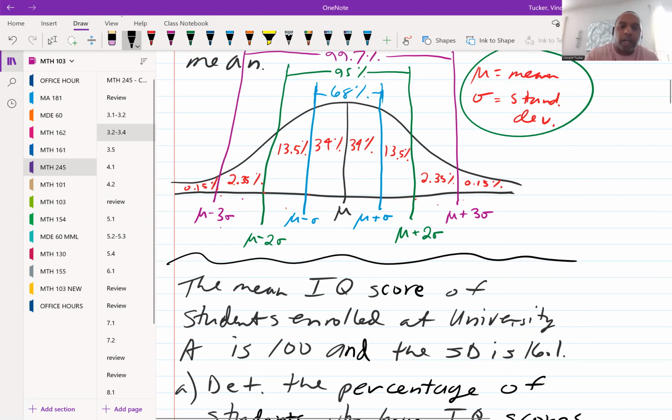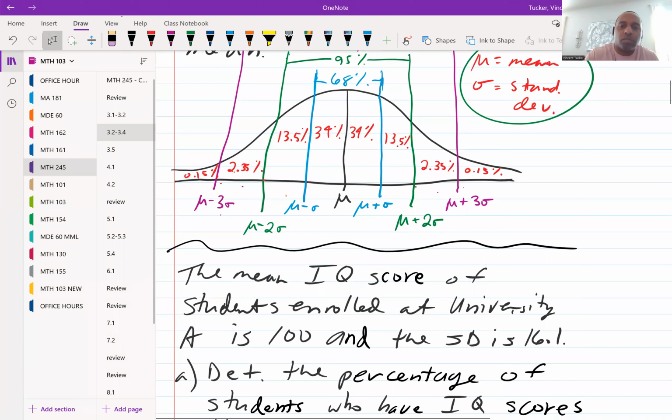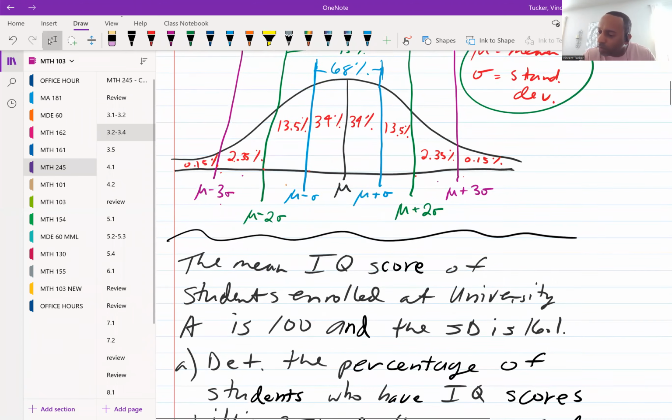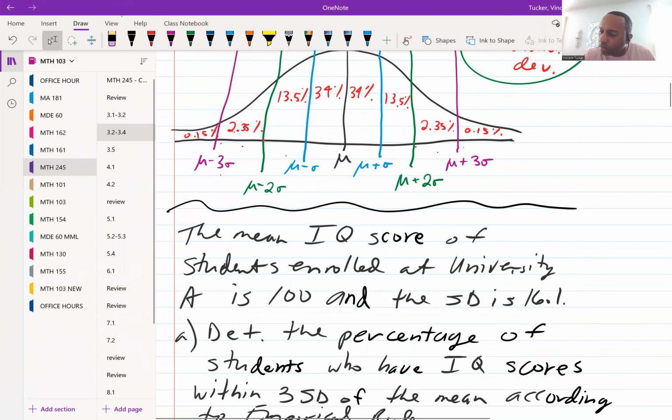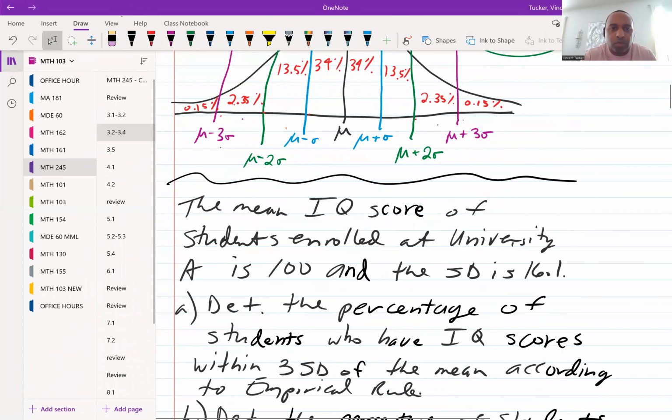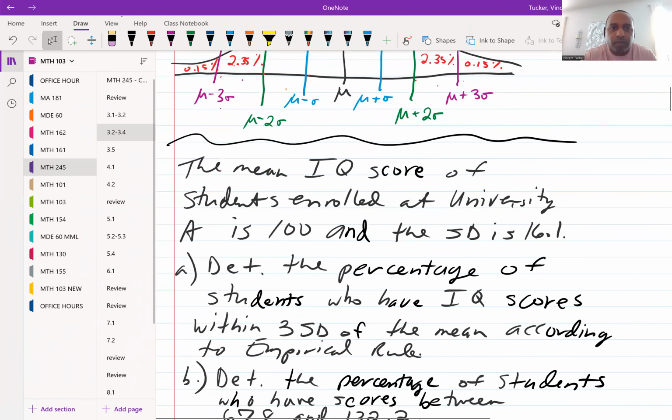Anybody still holding on to the diagram? Very good.